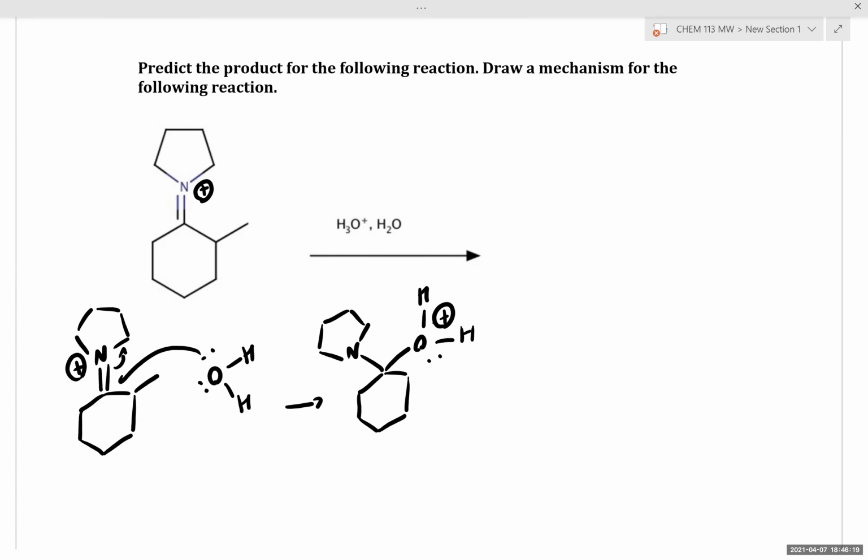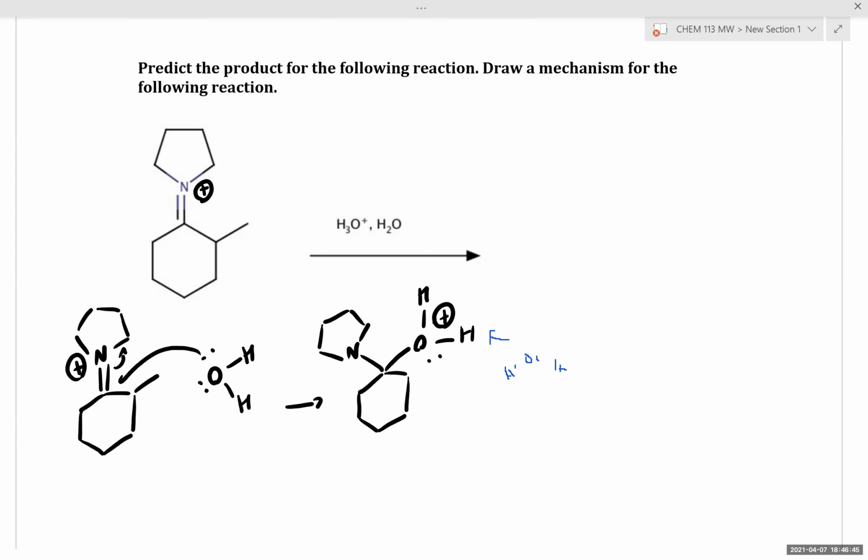Would anyone like to try to share the next step? We have one student mentioning we protonate the nitrogen and deprotonate the oxygen. Okay, and we have someone starting to draw out our protonation and deprotonation steps. It's good.